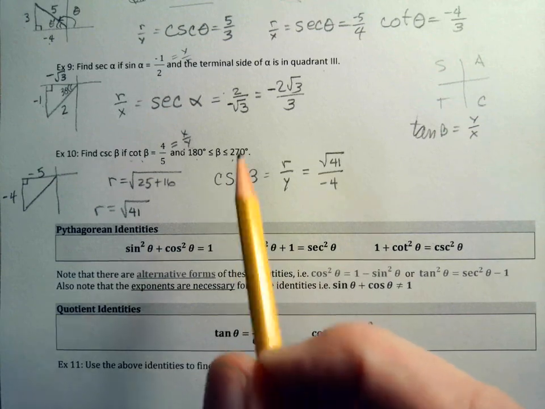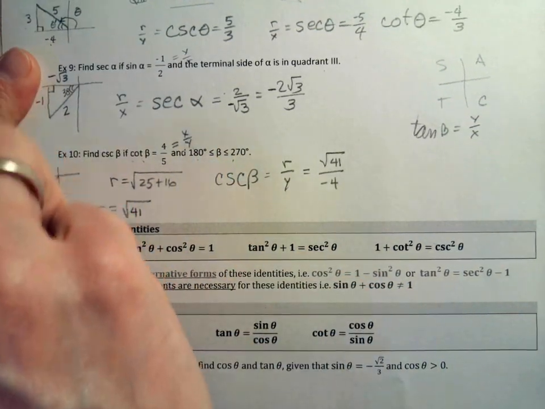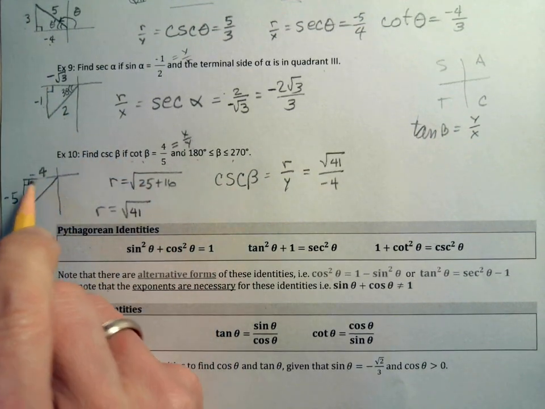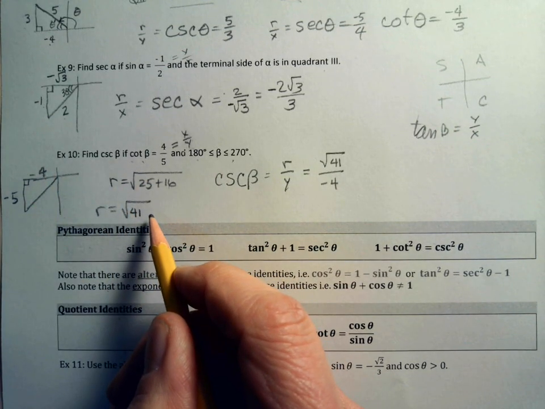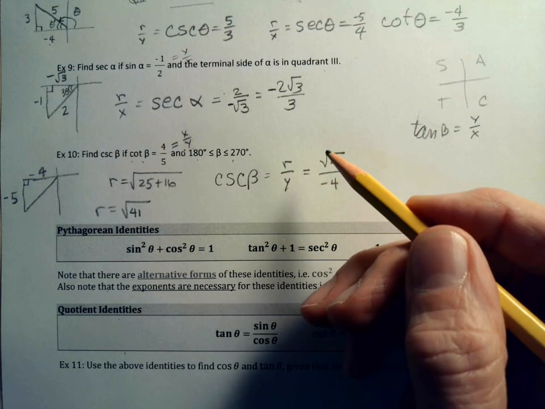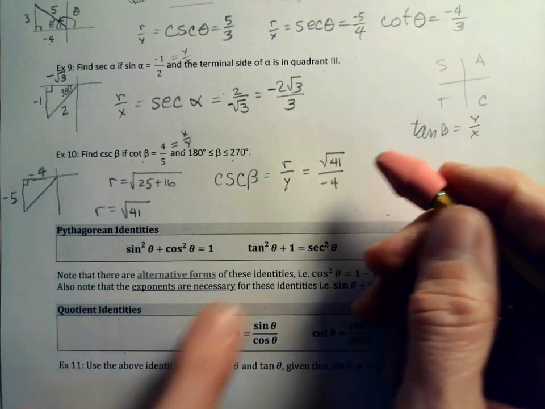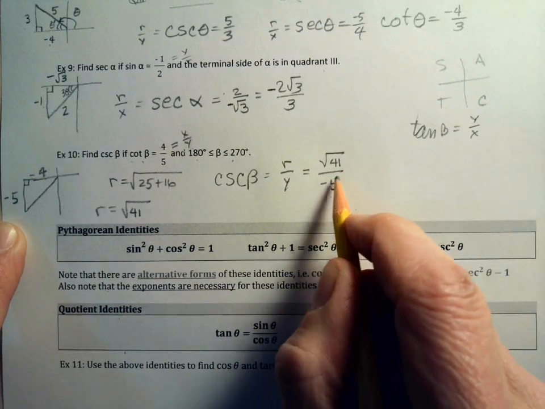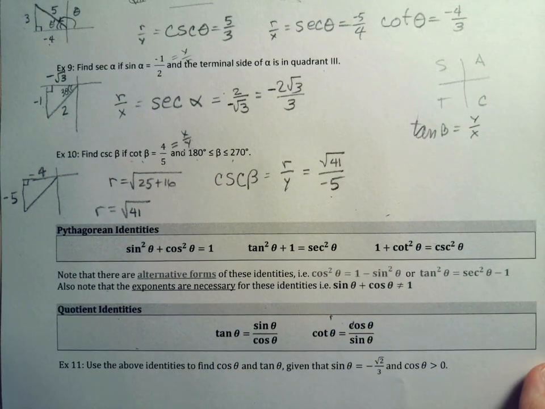Let me check. Hang on. Yeah, the x is 4, the y is 5. I did flip those. So this is 4, and this is 5. The r is still the square root of 41, however. Cotangent is x over y. Yep, I goofed on that. My y should have been 5. So I didn't draw that perfectly to scale either. This one should be a little bit longer, but ultimately it's a tool to help us visualize that.